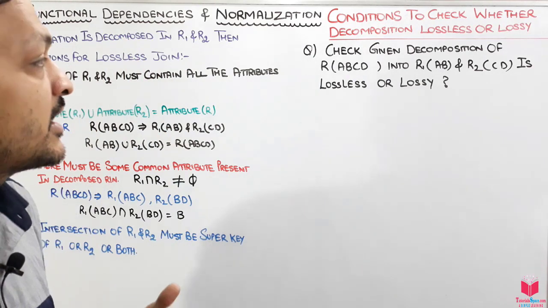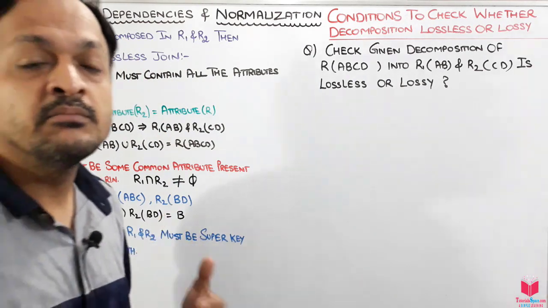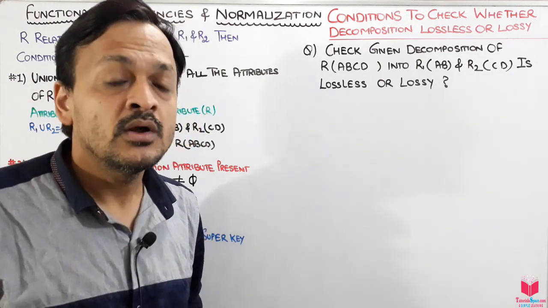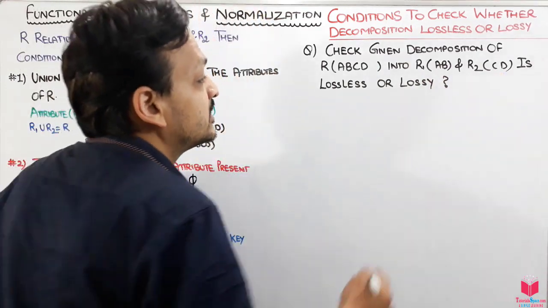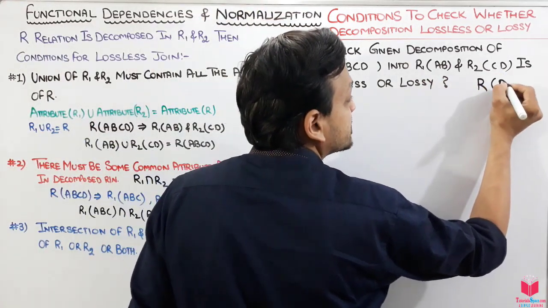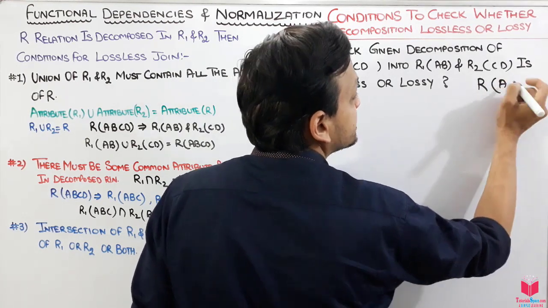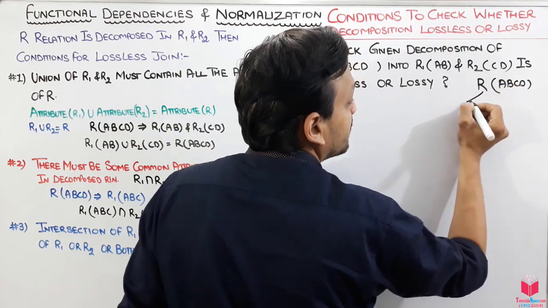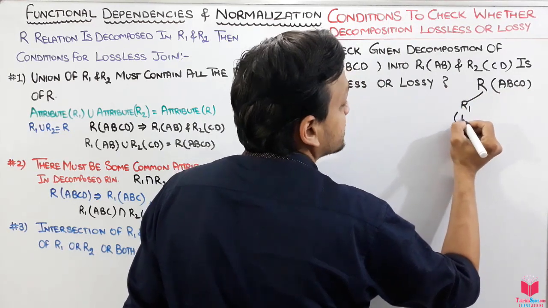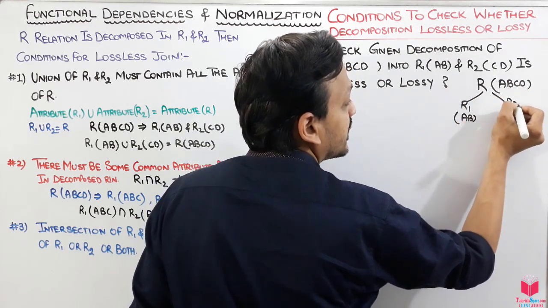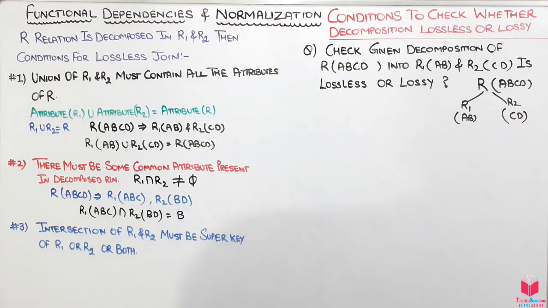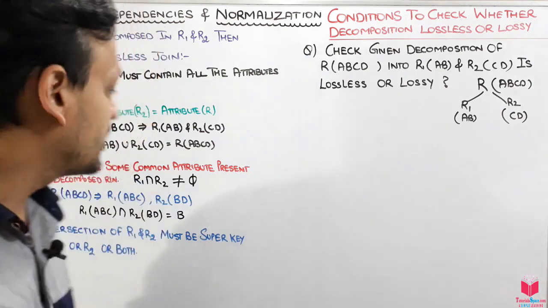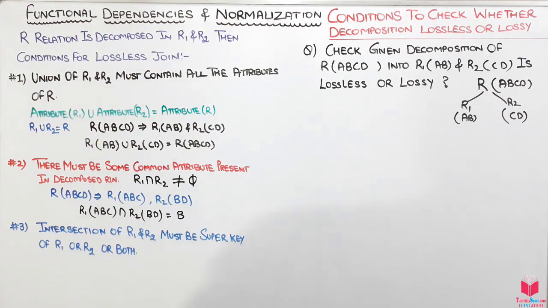We have a relation R with the ABCD attributes, decomposed into R1 which contains AB and R2 which contains CD. Now we have to check whether it is a lossless or lossy join. So we follow all three conditions. If one of them fails, that means it's a lossy join.